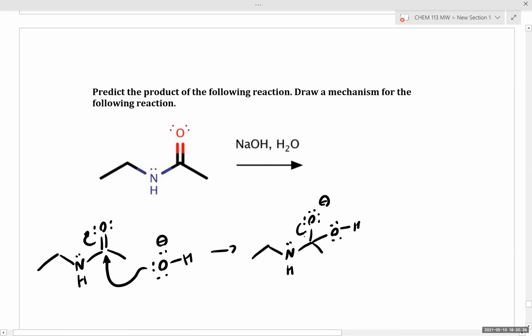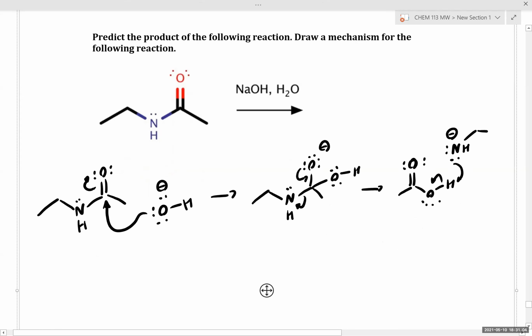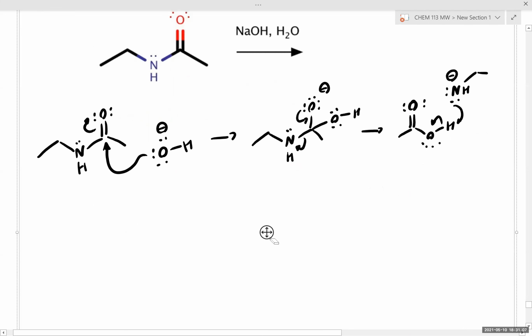And this tetrahedral intermediate will collapse and we'll lose an equivalent of amide anion. From here, we're going to see our last proton transfer step, where our amide pulls off a proton from our carboxylic acid. And that in turn gives us our carboxylate salt.